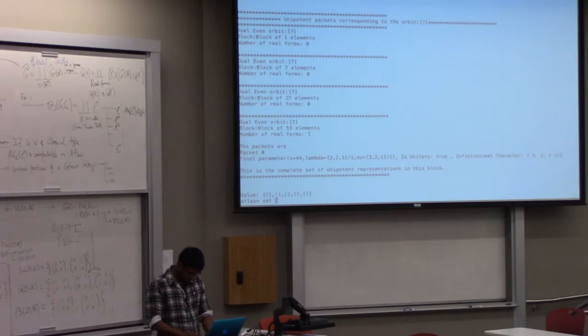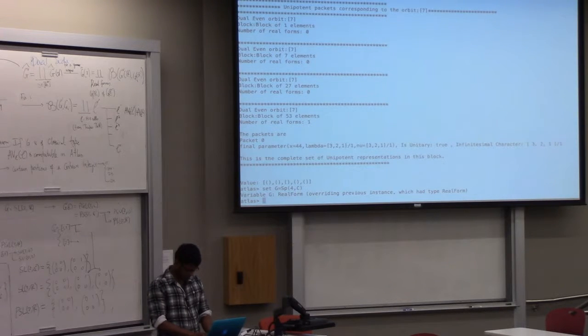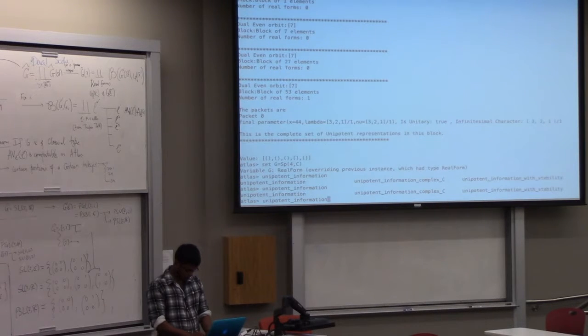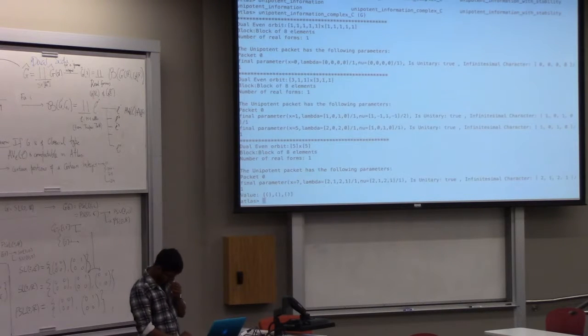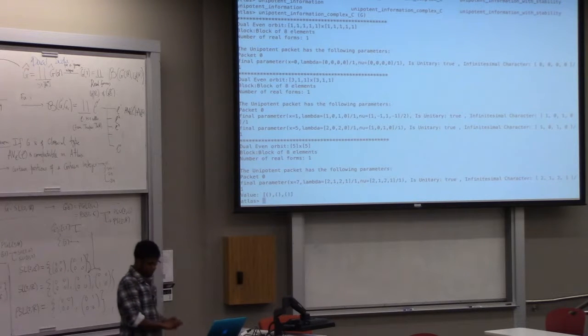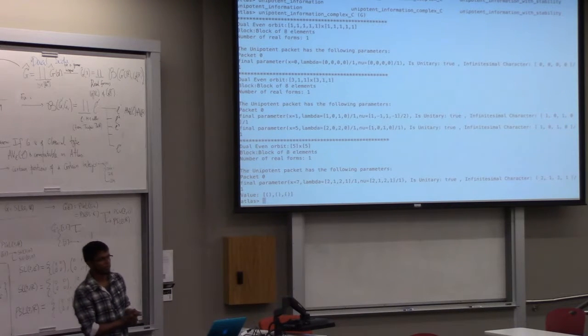And just if I set G equal to SP4 complex, say, and now run the same. I could make this work only for complex C. I'm not sure if this output makes sense to somebody, but this is what I get for a complex group.